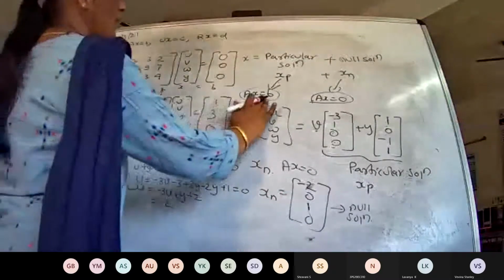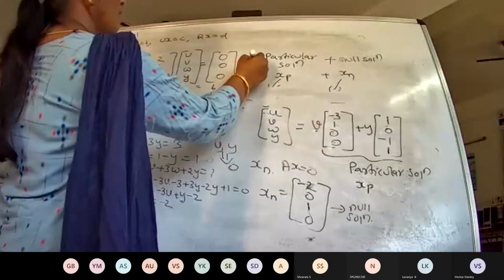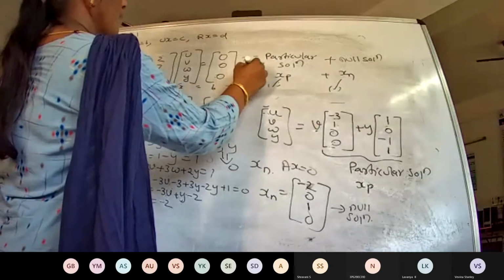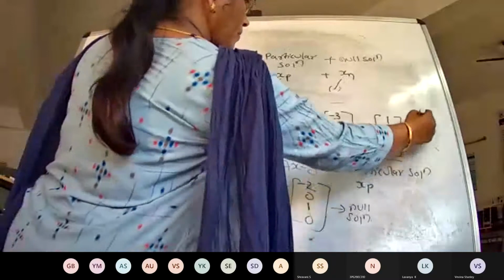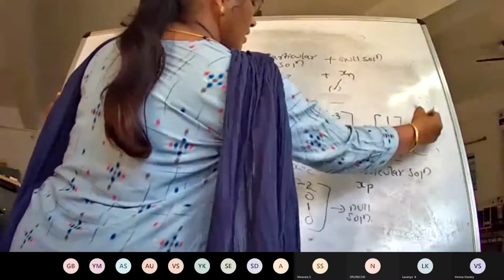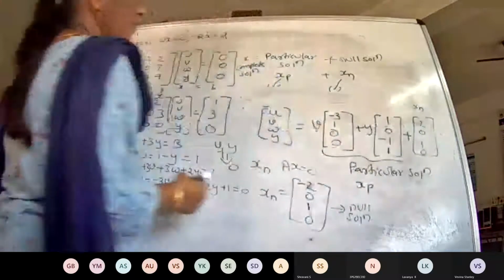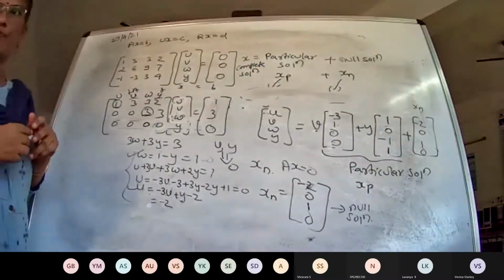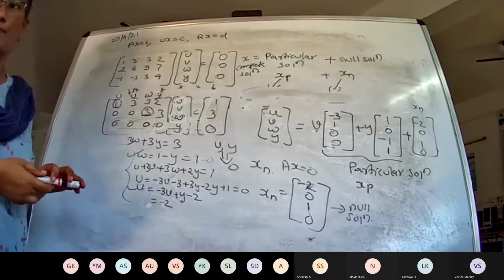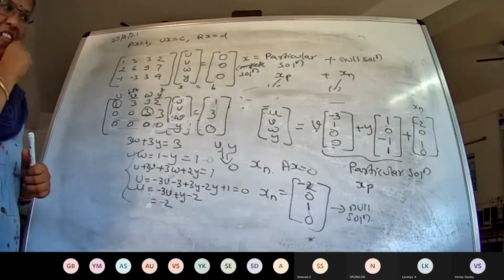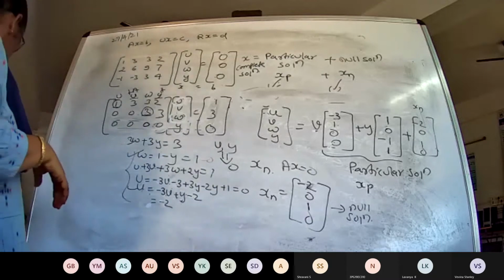So your total solution, that is the complete solution, will be the particular solution plus xn, that is minus 2, 0, 1, 0. This will be your complete solution. Is it clear? Vivina? Yes, ma'am. Okay. So this is how you are going to solve.